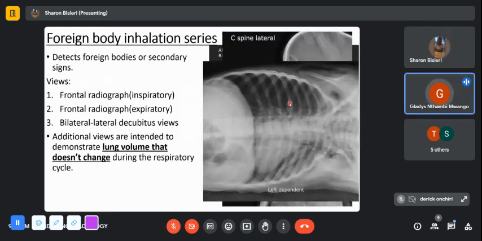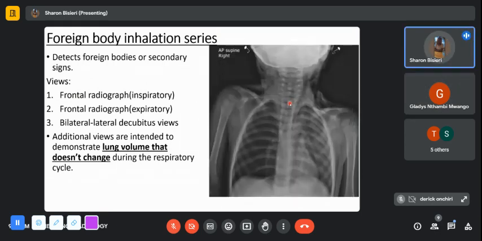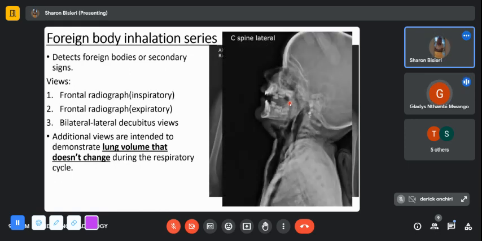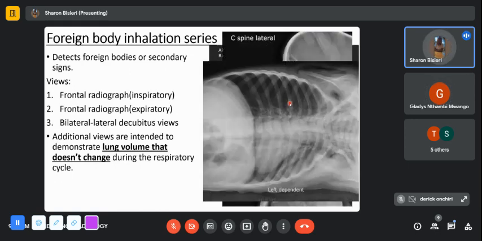Then, when we did the lateral decubitus, on the left dependent, if you look at the right hemithorax, you can appreciate the lung volume in comparison to the opposite side.